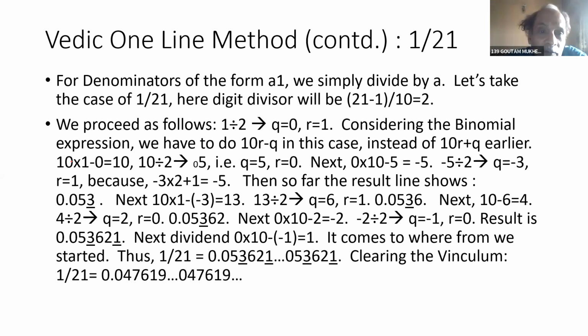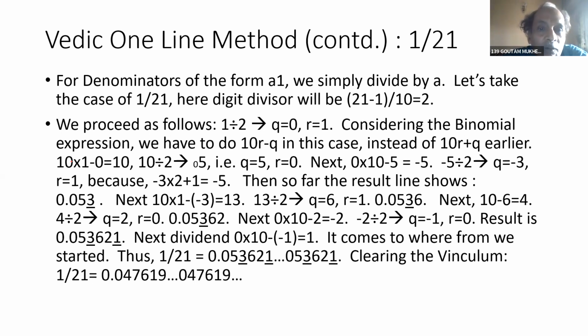Now, considering the binomial expression, you have to do 10r minus q in this case. Earlier we did 10r plus q, which means a 2-digit number with r, the remainder, as the tens digit. Here I do the opposite: I subtract.